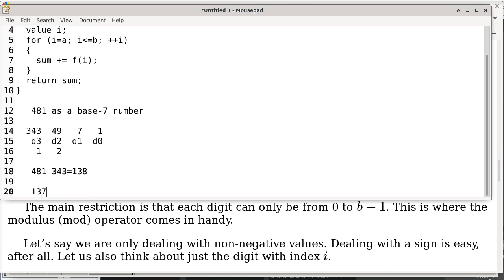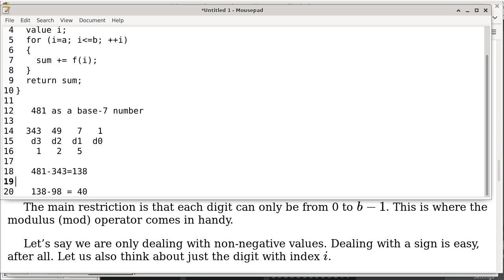So now we take 138 and subtract from it 2 of 49, which is 98. So that would give us 40, if my math is right, right? So we look at 40 and we ask, well, how many 7s can we contain in 40? The answer is just 5 of them, okay?